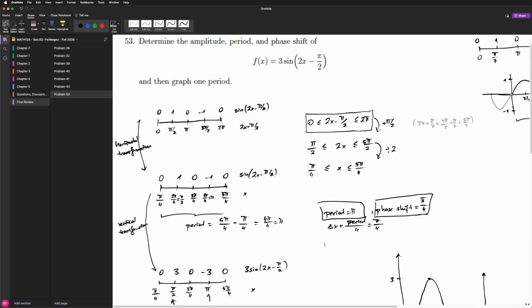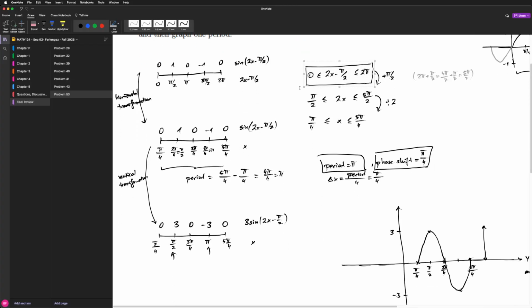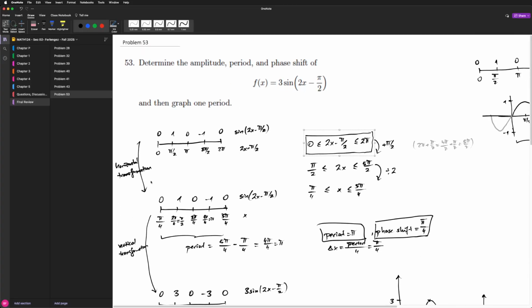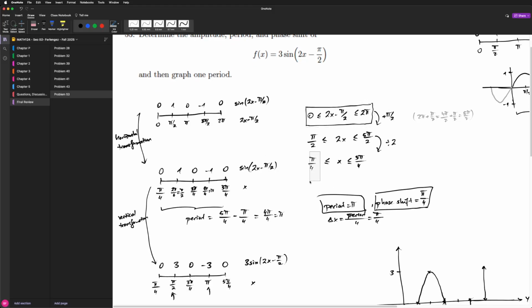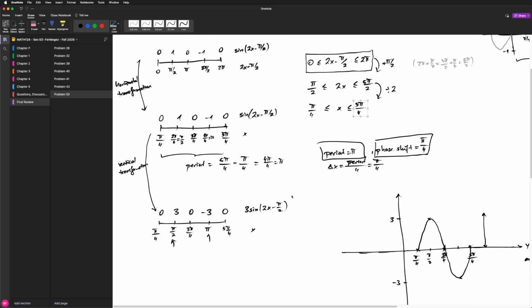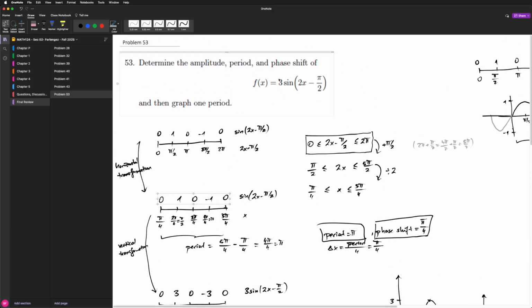If you go this way instead, remember the 5-point summary, right where the period starts and ends, and whatever you have inside sine, just solve it for x, and that's where the period for x starts and ends, and you're done with all horizontal things. And for vertical, just take the numbers on top, the outputs, and if you have an a and minus d or plus d, just multiply those numbers by a and add that d.